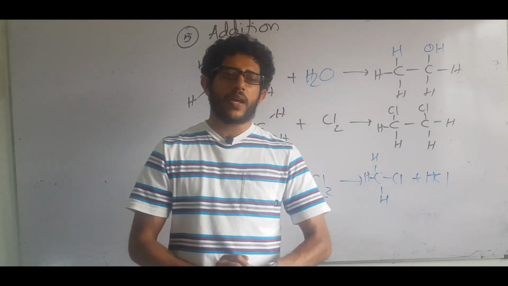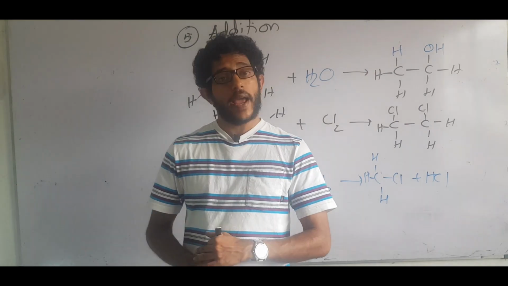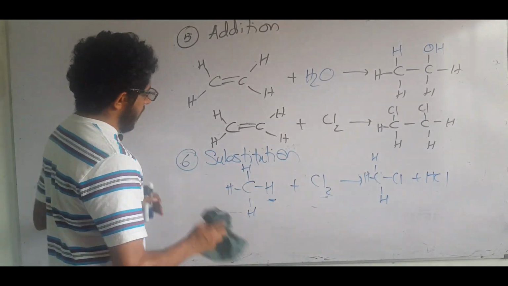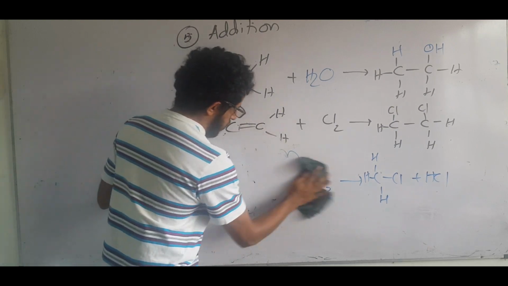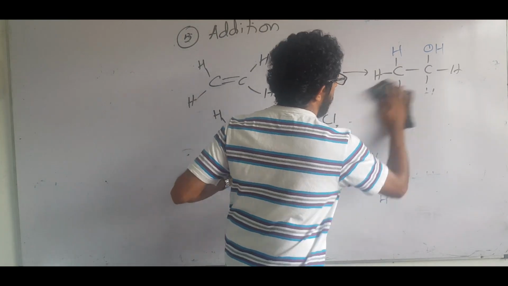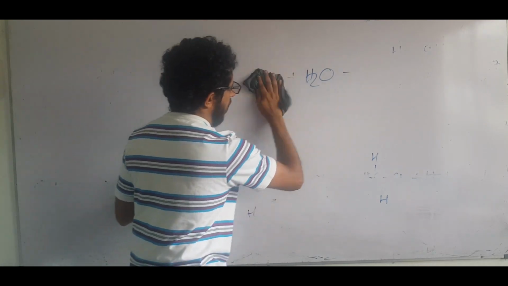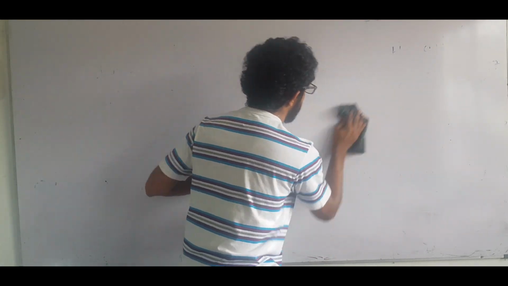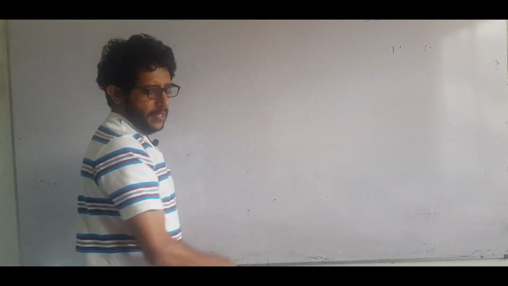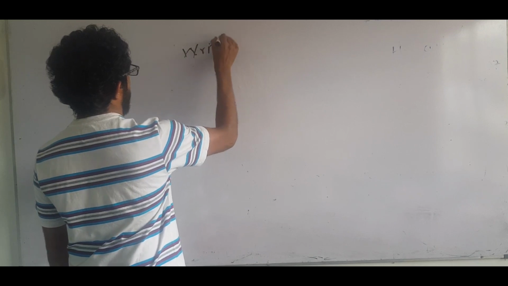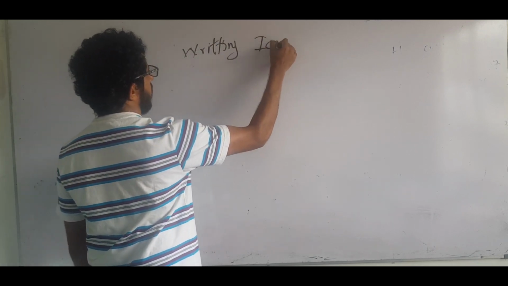Then we will see how we can write an ionic equation when you are given a chemical reaction. To write ionic equations, there are a few common rules that you have to remember. We will see what they are.